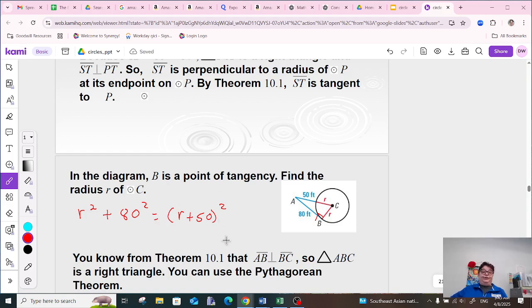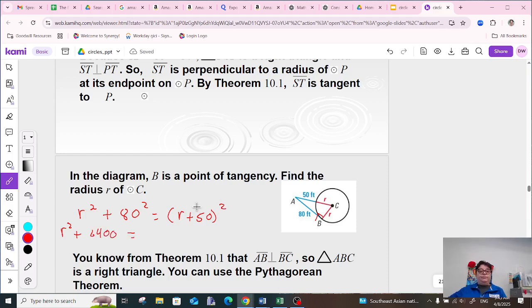And I have to multiply this out, right? You're not going to just say R squared plus 2,500. We actually have to work this out. So I know this is R squared. What's 80 times 80? That'd be 64 with 2 zeros, right?